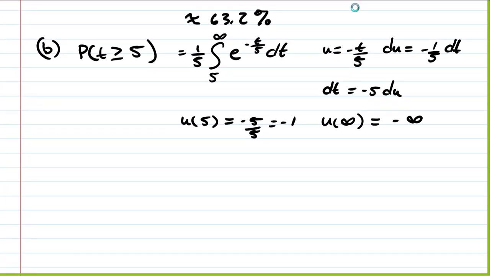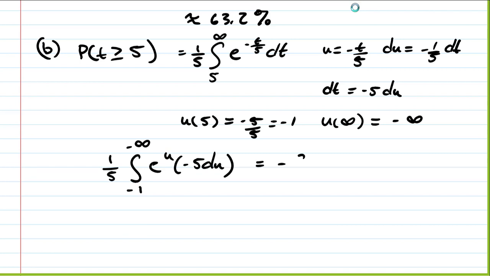So subbing all of our stuff out, we get 1/5 times the integral from negative 1 to negative infinity of e to the u times negative 5 du, which is going to give us the same thing we had before, the negative of the integral from negative 1 to negative infinity of e to the u du. And once again, we can reverse it.